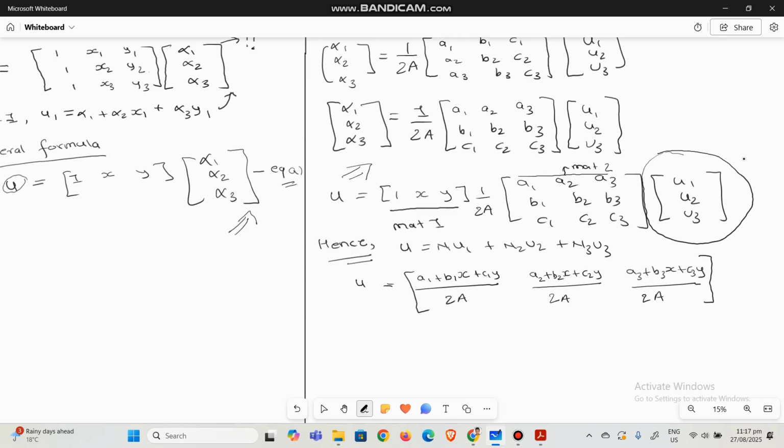We didn't do much here. We just multiplied those two matrices and put u1, u2, and u3 here. So now you get this equation in this form, where this is your shape function n1, this term is your shape function n2, and this is your shape function n3.